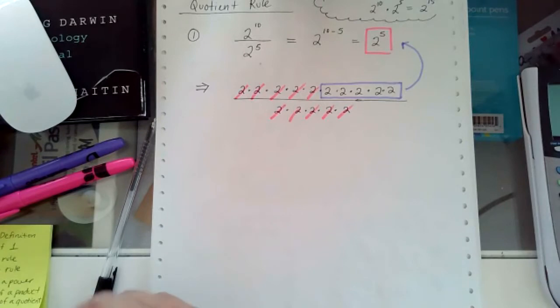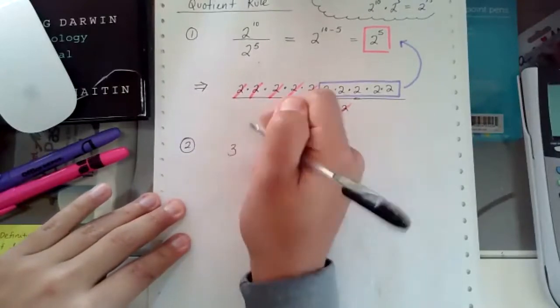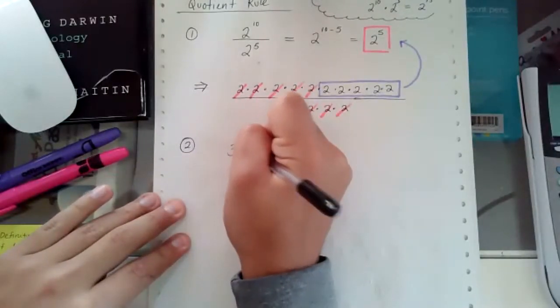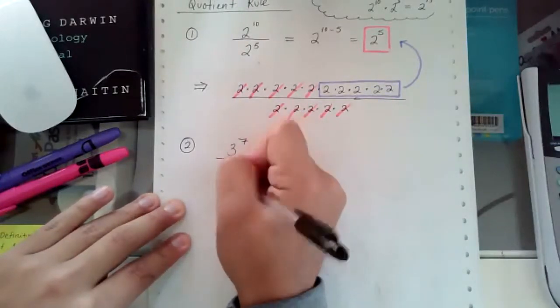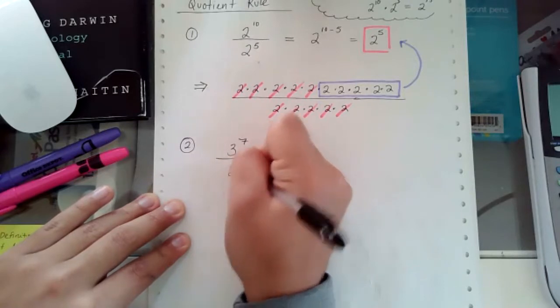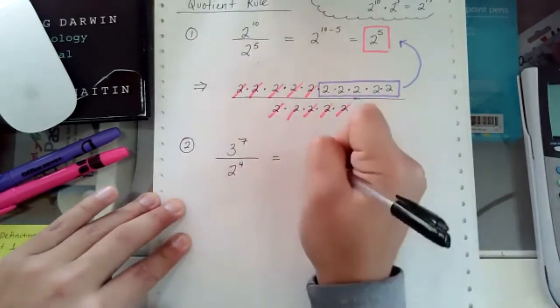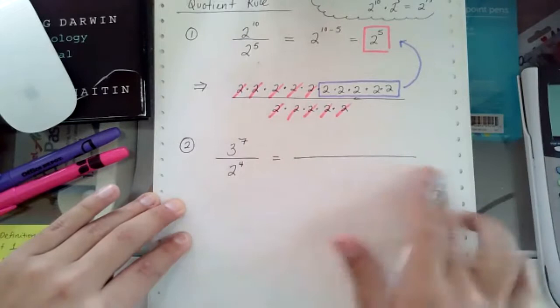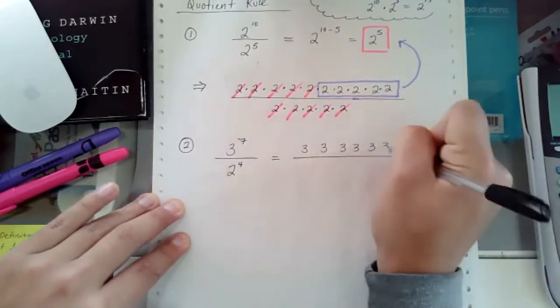Okay. But do you only subtract if the base is the same? The base has to be the same because, if we had, for example, let me choose a different number, 3 to the 7th power over 2 to the 4th power, and I were to rewrite this expression and expand it, I'd have 3, that's 1, 2, 3, 4, 5, 6, 7.